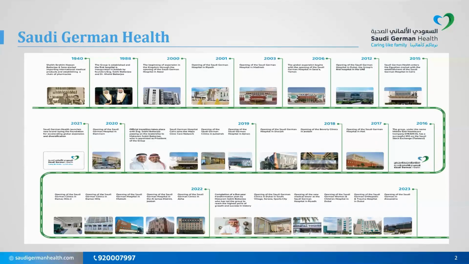We continued to have a lot of institutions, including hospitals. We have 8 hospitals in Saudi Arabia, 3 hospitals in UAE, and 2 hospitals in Egypt, and we are expanding in Morocco and other countries like Pakistan.